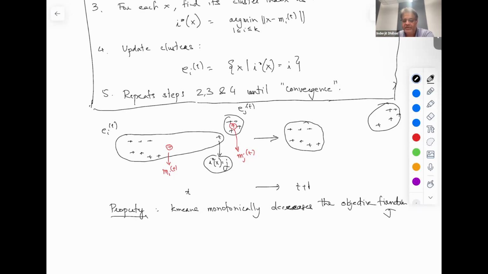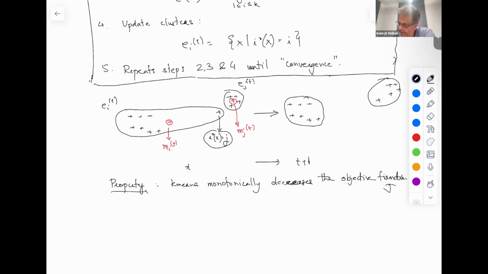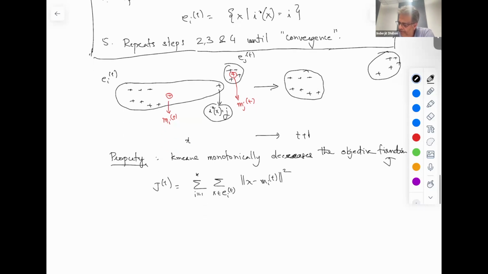Okay, so let's see. What we are saying is that jt, the objective function at iteration t, is the summation of i equals 1 to k, summation of x below, I'm just using the definition of j. And the claim is that jt plus 1 is less than or equal to jt.